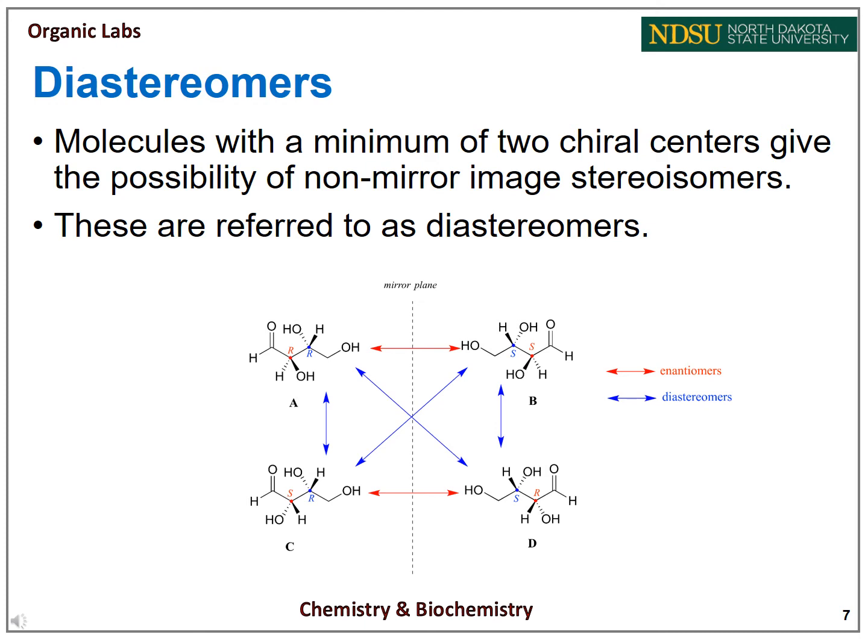However, if you look at C, it has an SR configuration, so it would be a diastereomer to A and B because it is not a mirror image of either of those. Compound D has an RS configuration, so while it would be an enantiomer to molecule C, it is a diastereomer to A and B because again it is not a mirror image of those.